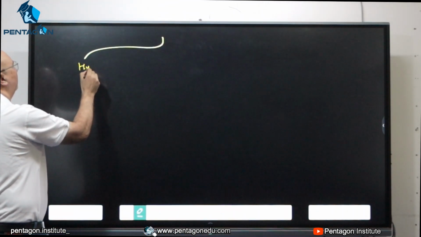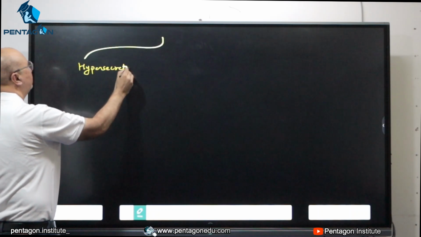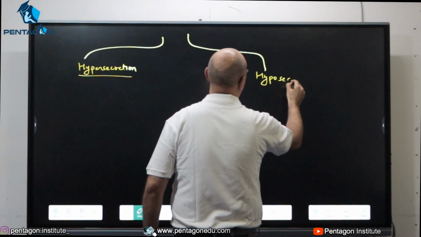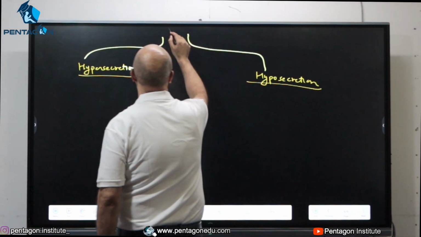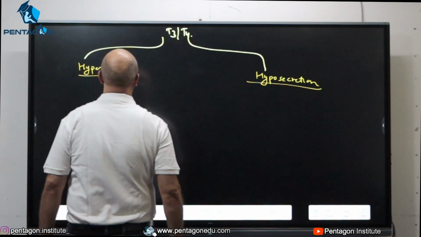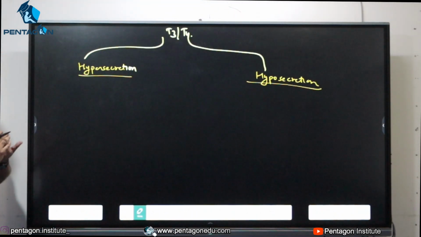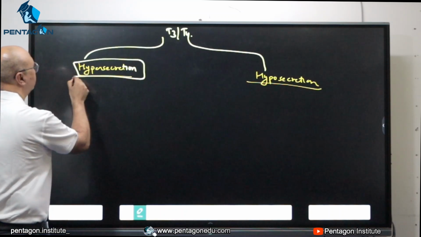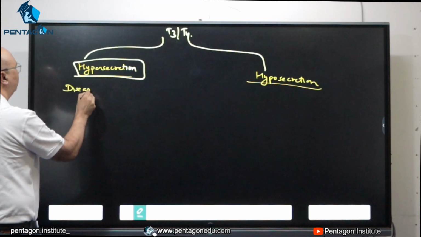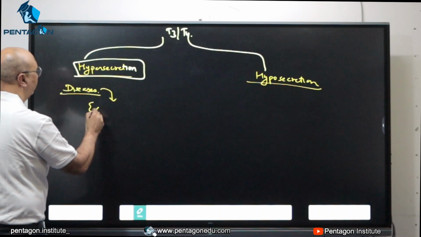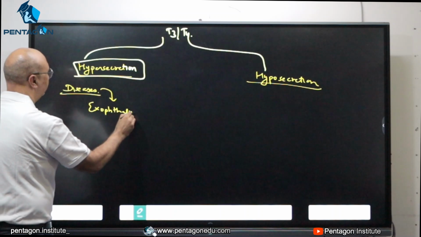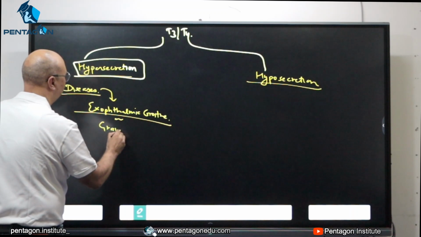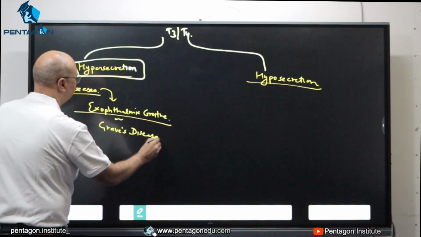Next is hypersecretion and hyposecretion, basically of T3 and T4. When there is a cancerous situation, there is hypersecretion of T3 and T4. The diseases are exophthalmic goiter or Graves' disease.